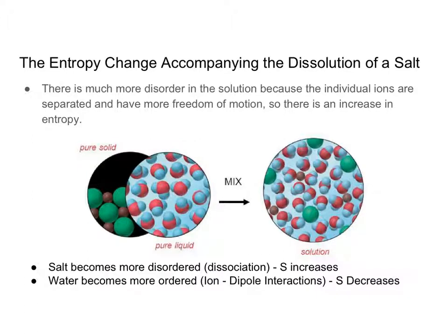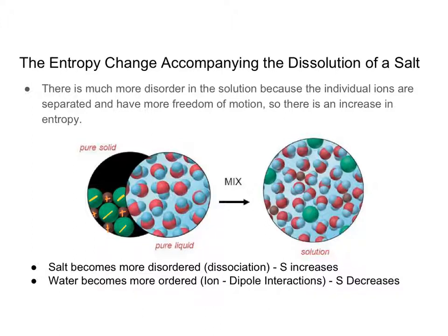We also have an increase in disorder when you dissolve solids in a solvent. In this case, we have something that is incredibly ordered, and what I mean by that is we have a lot of positive and negative things following some pattern, and it's going to be dumped into something that is less ordered. So water would be less ordered than the pure solid.